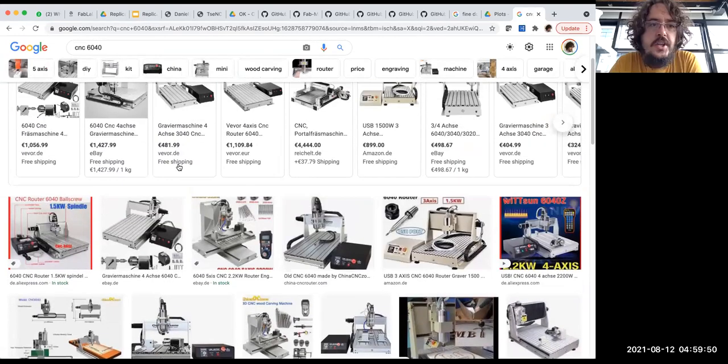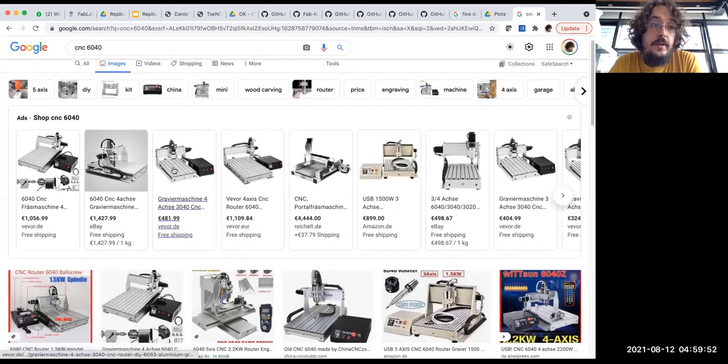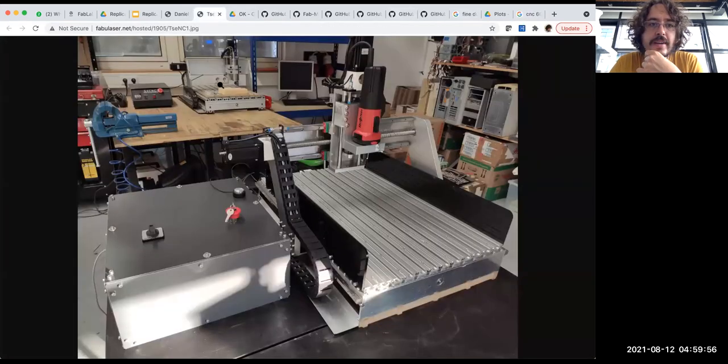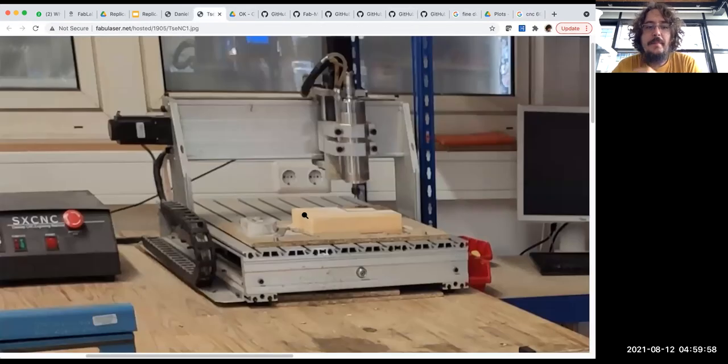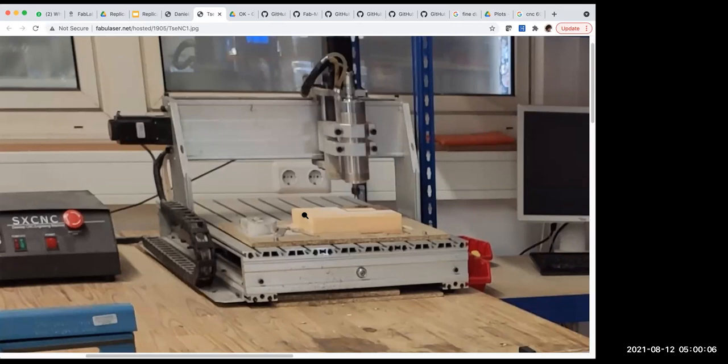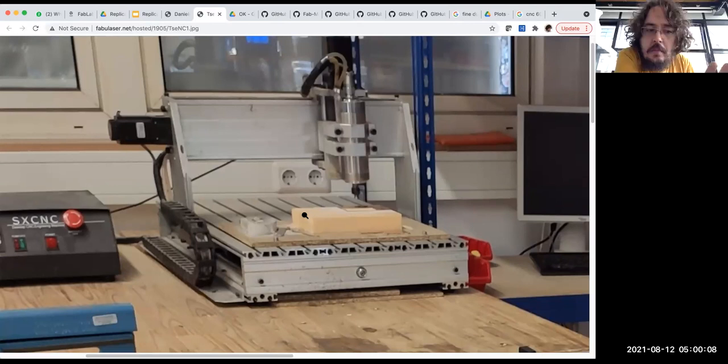Okay, so this machine, I have it also in my shop, and it's on the back. This one over here can move a maximum of 1,000 millimeters per minute. And at this speed, there is a risk that it loses some steps or has some problems even.